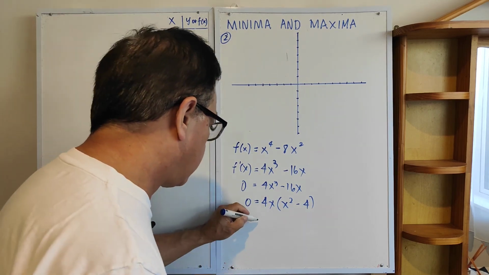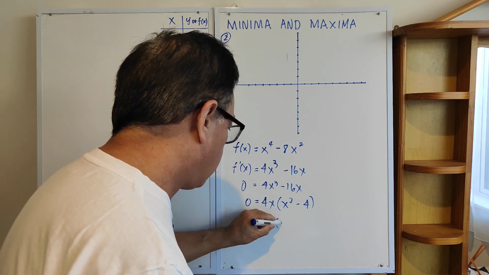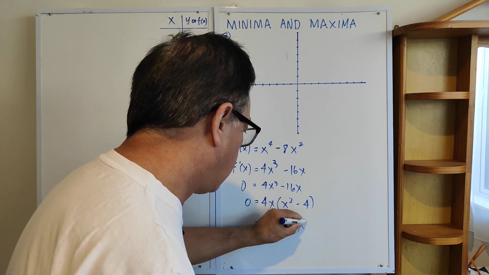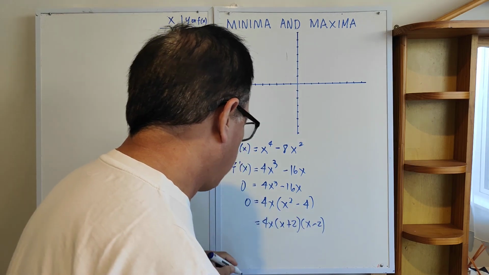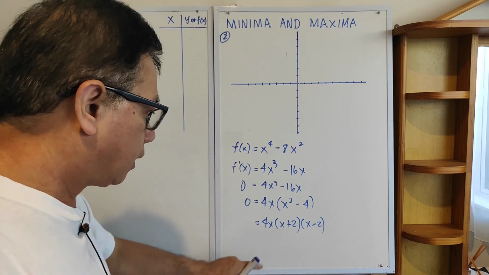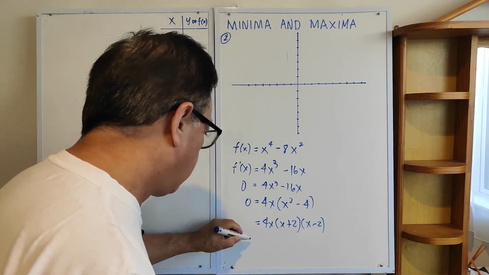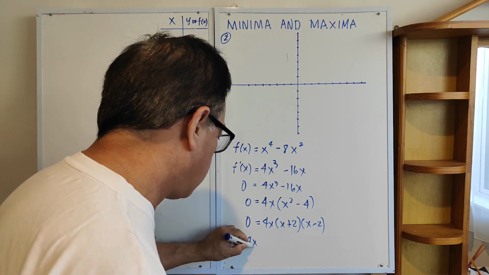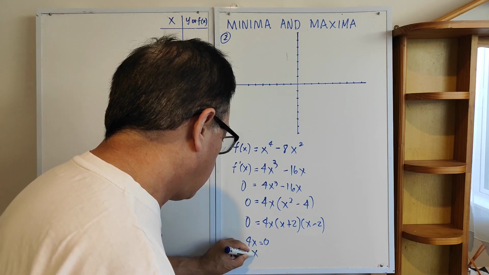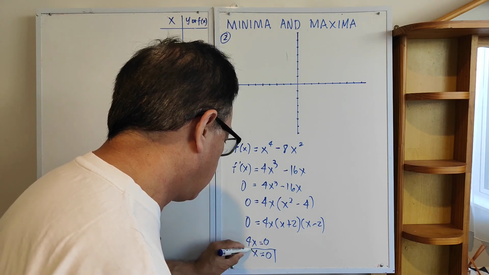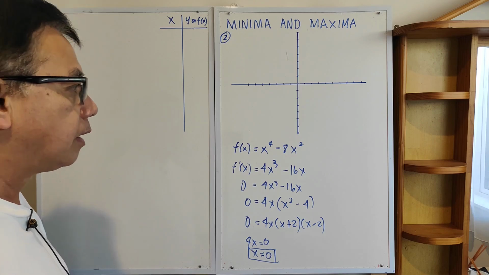Again, we can still factor this out. 4x times x plus 2 times x minus 2 equals 0. And then if we equate 4x to 0, x is equal to 0. This is your first critical value.